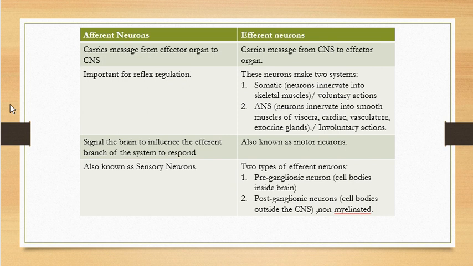The major difference between them is that the preganglionic neuron is myelinated while the postganglionic neuron is non-myelinated, and it terminates on the effector organs such as smooth muscle cells of the viscera, cardiac muscles and exocrine glands, while the preganglionic neuron ends at the ganglia.